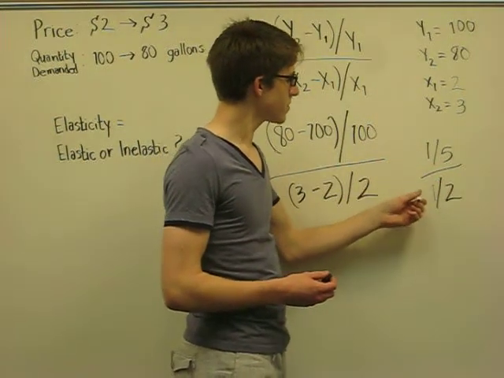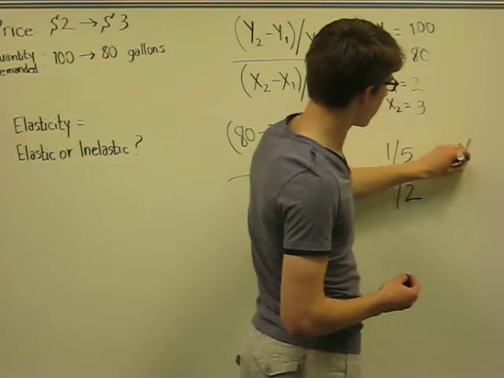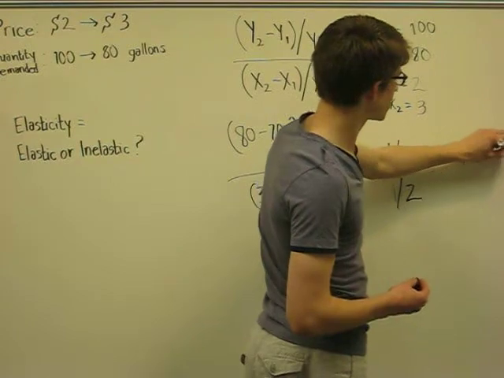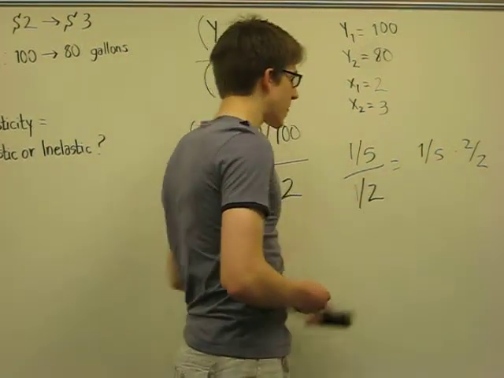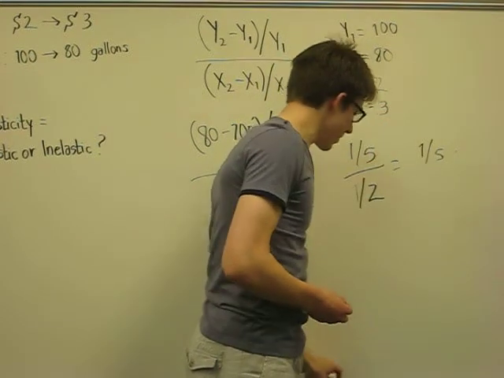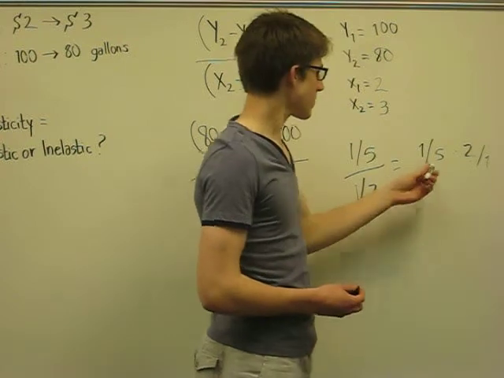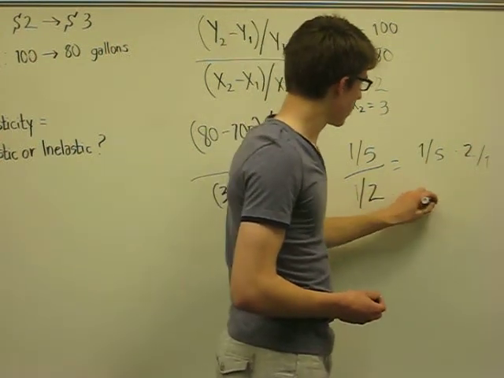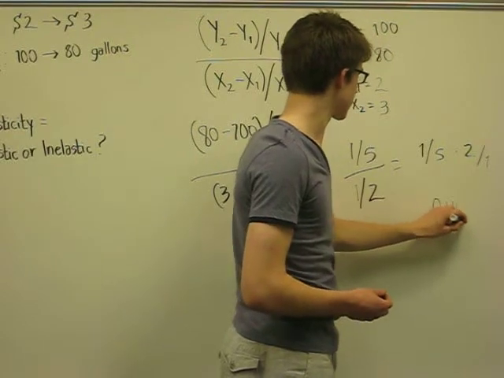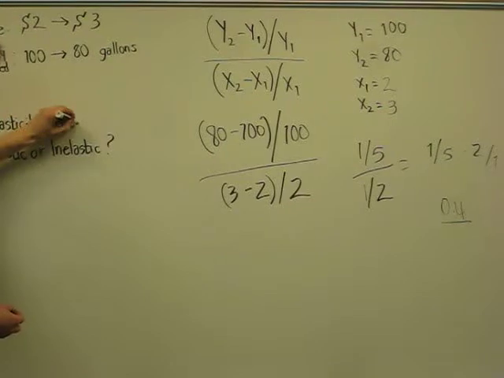We have 1/5 over 1/2, which is equal to 1/5 times 2 over 1. So this becomes 2 over 5, or 0.4. And so the elasticity is 0.4.